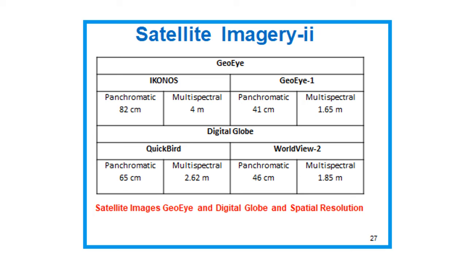So multispectral 1.65, especially if we get this one, and the crop for the sugar cane or the cotton and all those crops, significantly correct measurements can be ascertained.